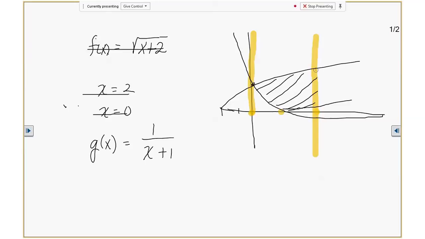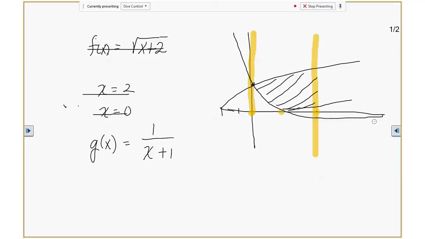From 0 to 2. Now, you got to subtract. This is the square root of x plus 2, so subtract the square root of x plus 2 minus the what? 1 over x plus 1. So get to work. Now that I've shown you what to do, I'll show you what it looks like. You're probably not going to be able to subtract the 2, so you're just going to have to use your rules of integration and integrate.